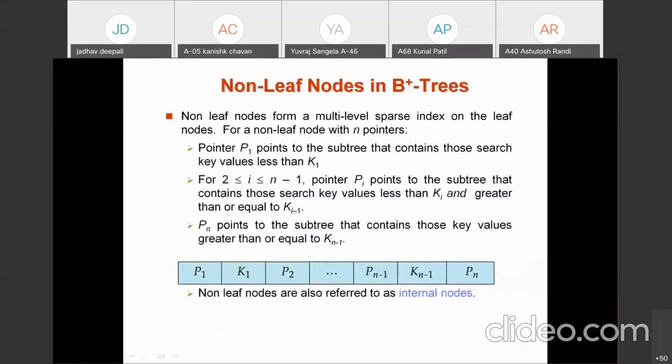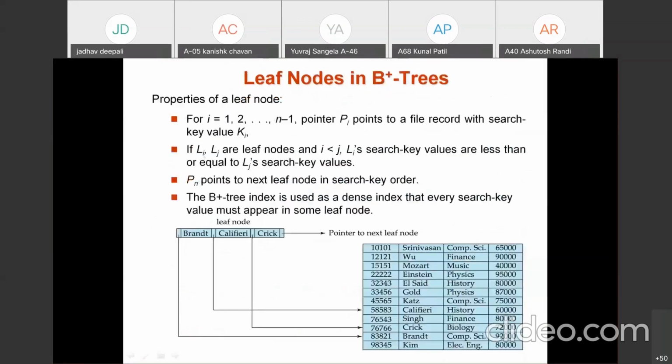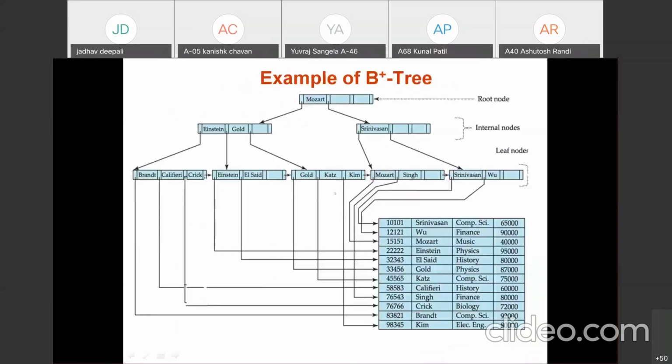Now, if there are multiple leaf nodes, Li and Lj are two leaf nodes, and i is less than j, then all the search key values in Li are less than or equal to all the search key values in Lj. You can see here, all these search key values are less than this one.